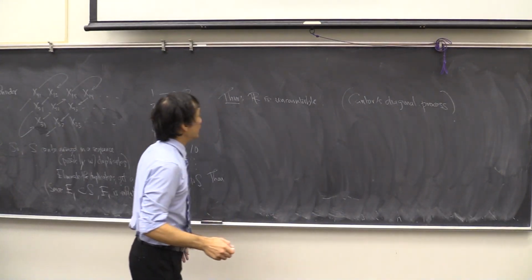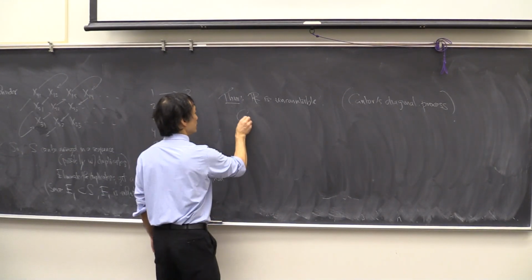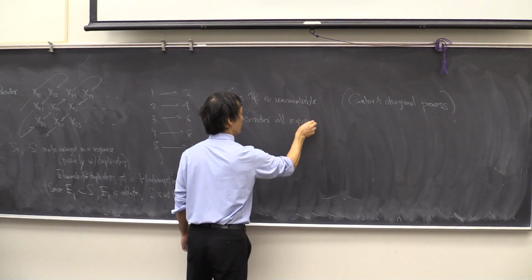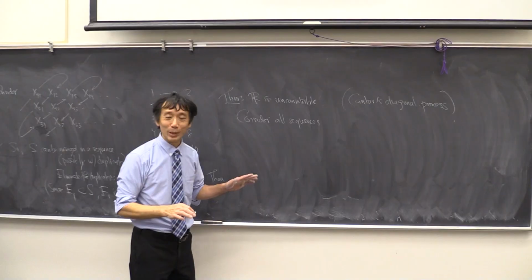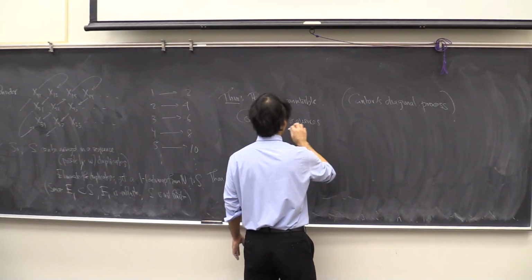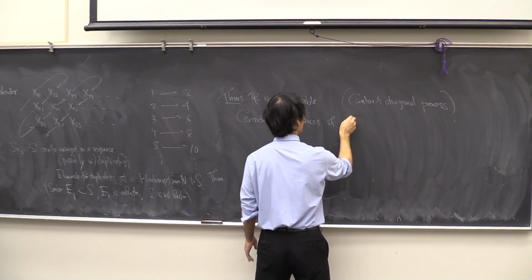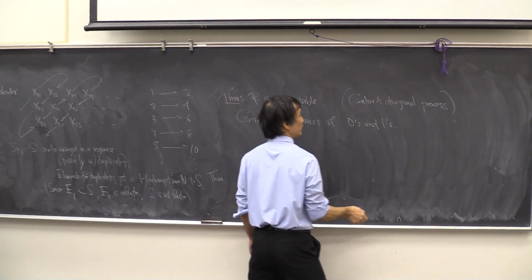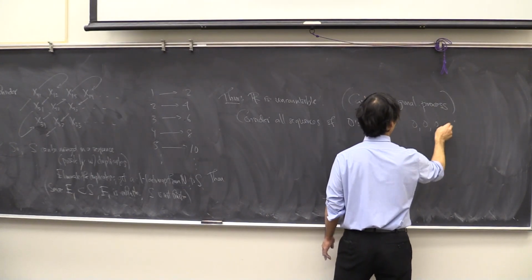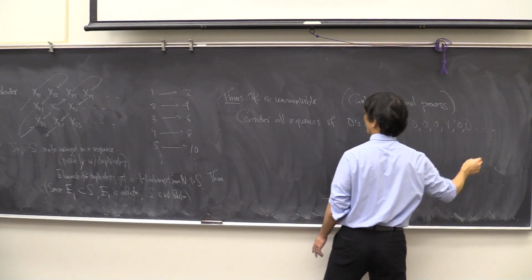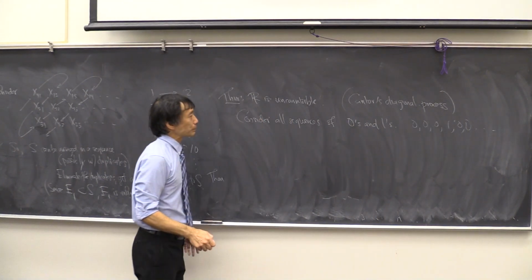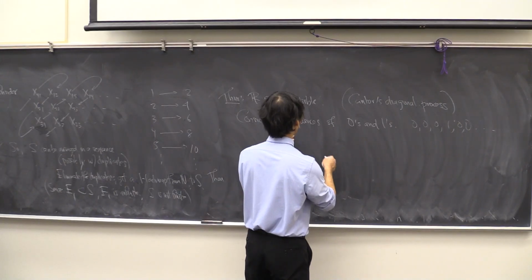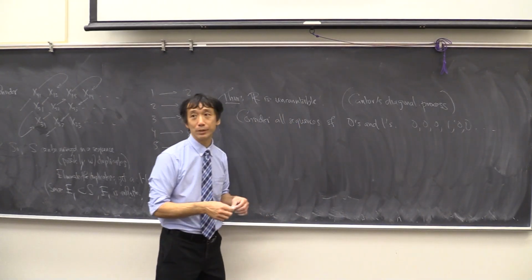The way we're going to do it is by considering all sequences, and this is kind of out of order, but I'll fix it later. Consider all sequences of zeros and ones, like 0, 0, 0, 1, 0, 0, and so on. All possible sequences of zeros and ones.